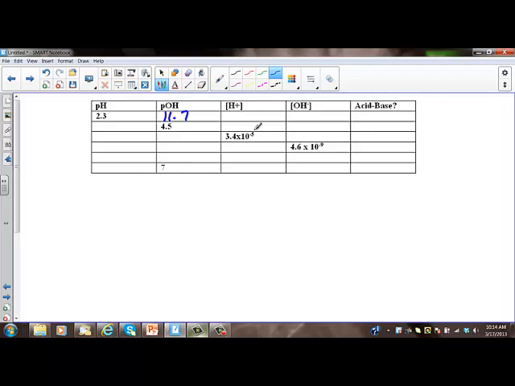So in your calculator, you're going to do antilog of negative 2.3, which gives you 0.005. I want you to pause me right now, try to fill in the table, and then come back and check your work. And hopefully I didn't make any mistakes.